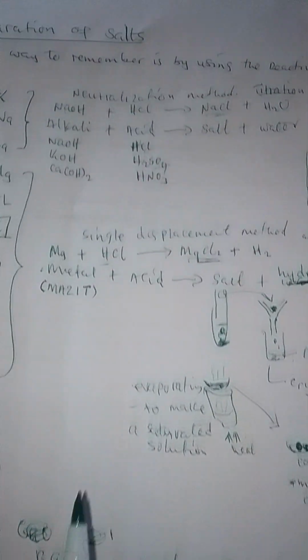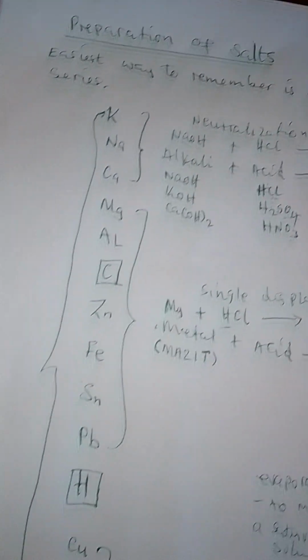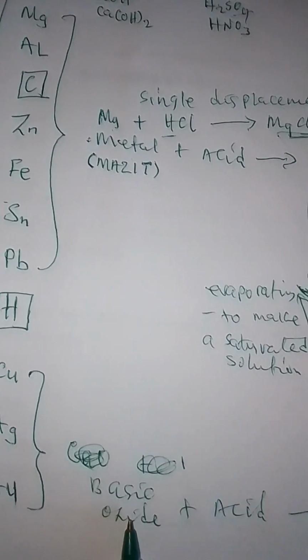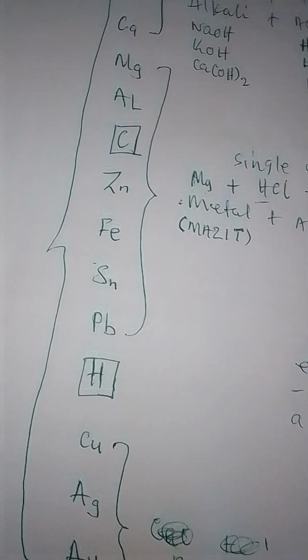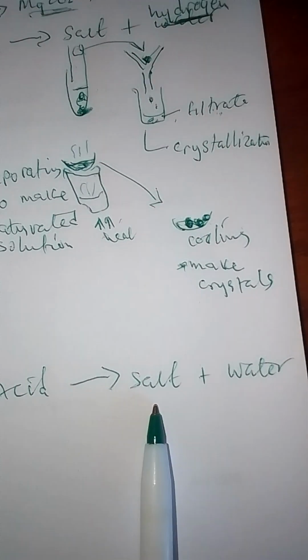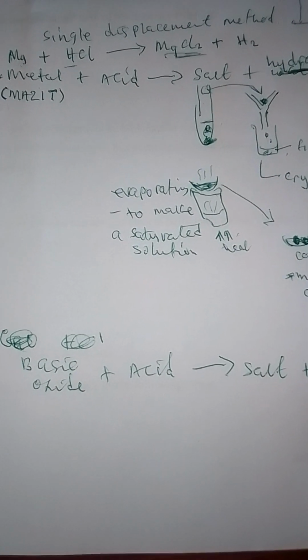Because those that dissolve in water, they are called what? They are called the alkalis. But those that do not dissolve in water, we call them bases, or basic oxides, or basic hydroxides. Okay, so basic oxide plus acid will form salt plus what? Water. Have you seen that?